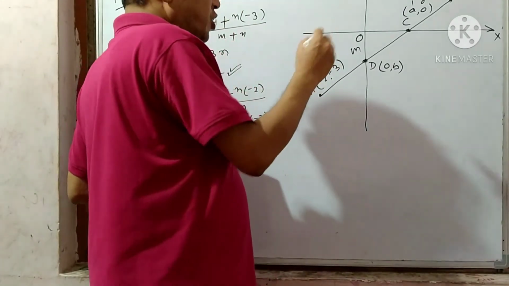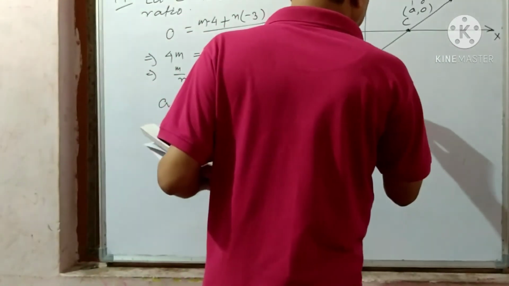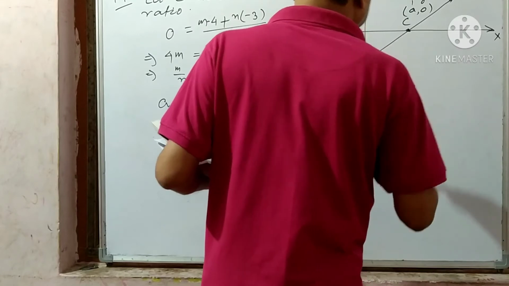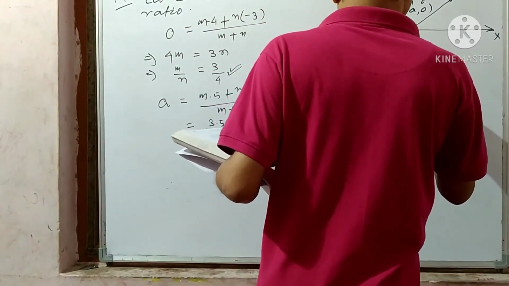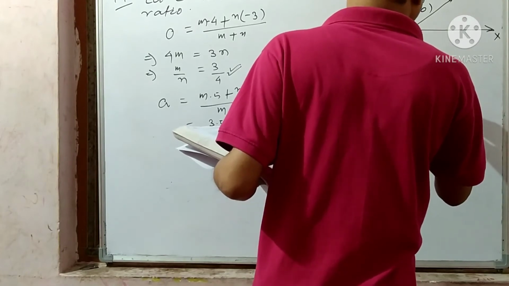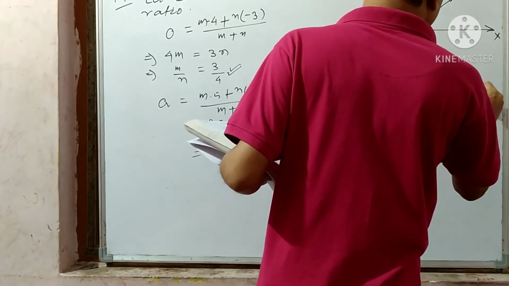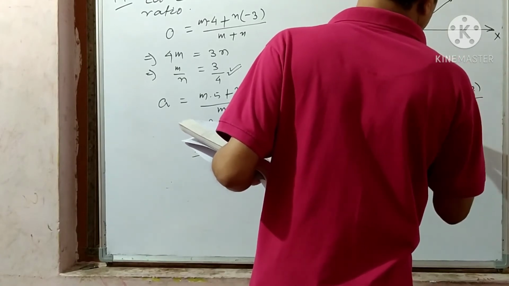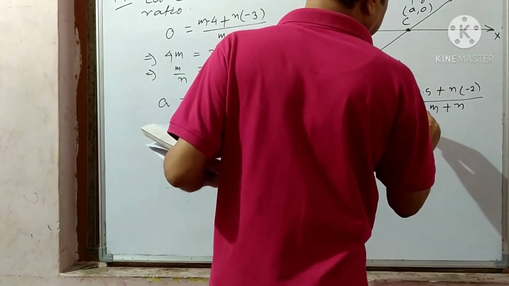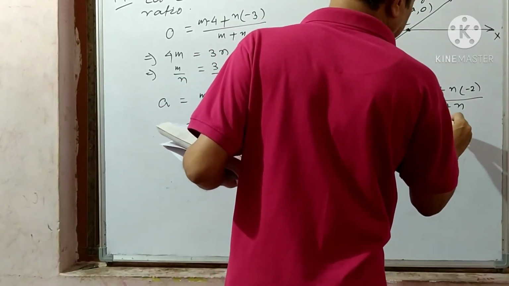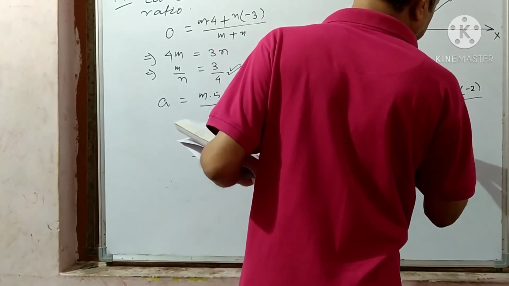So, using the internal division formula and taking the x coordinate, 0 is equal to (m into 5 plus n into -2) divided by (m plus n), or 5m is equal to 2n, or m by n is equal to 2 by 5.